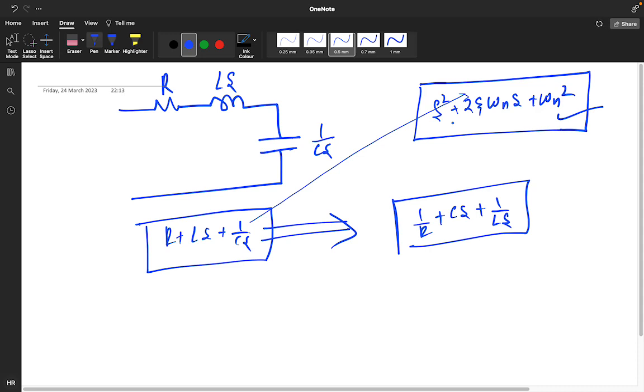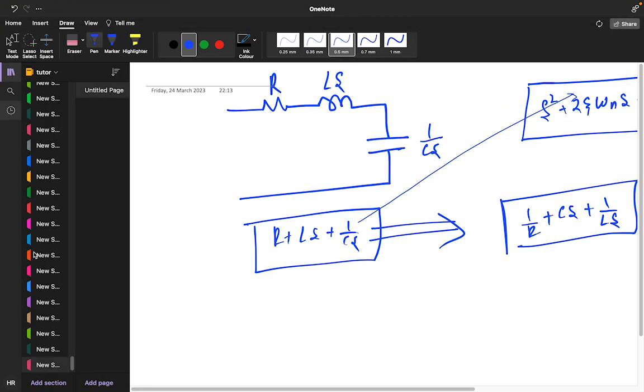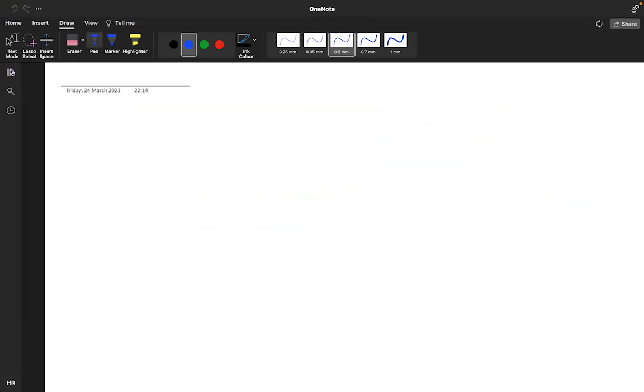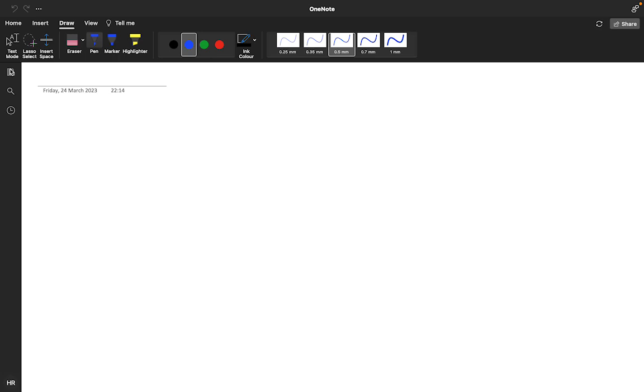Now come to the next topic, that is AC transient. First write it down.